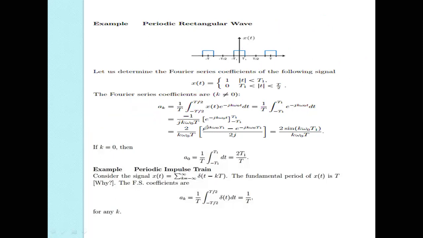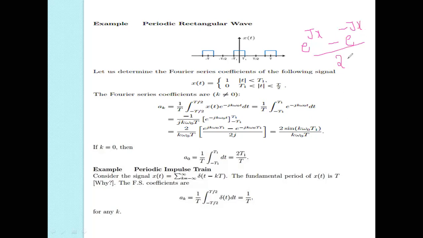Positive exponential is a plus, negative exponential is a negative. By 2 is also there, and here if I take the 2 and the j, it is in the form of e power jx minus e power minus jx by 2.